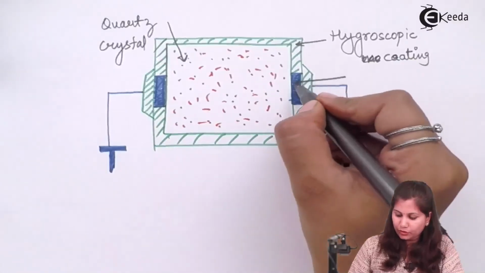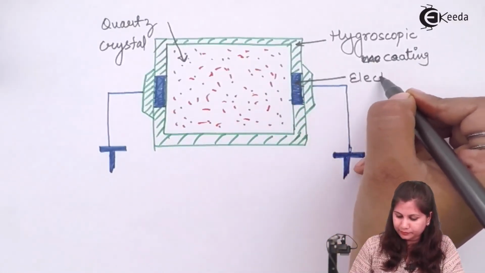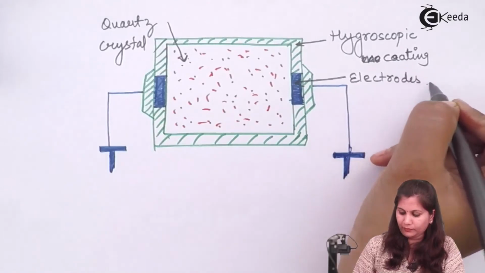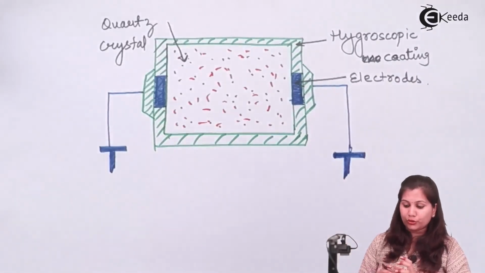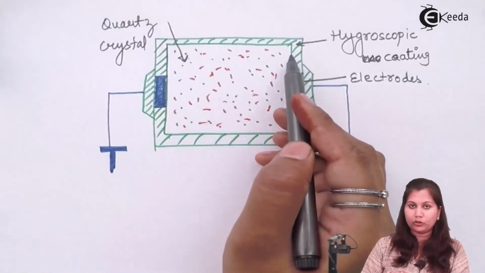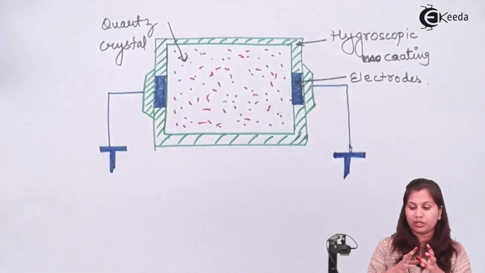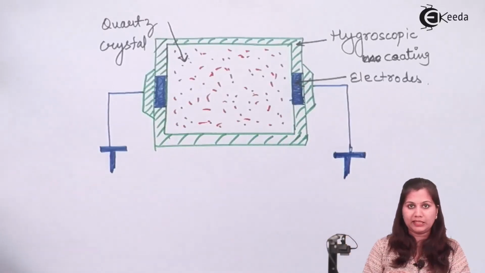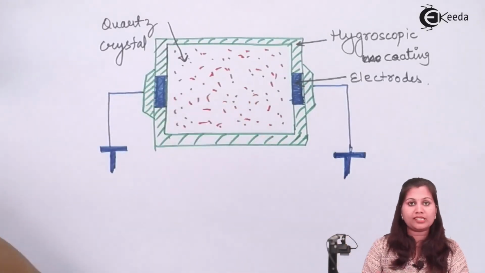These are the electrodes. Due to the humidity changes, this crystal or this hygroscopic coating is going to absorb the moisture, due to which its mass is increased, and the frequency generated by it is also going to change.